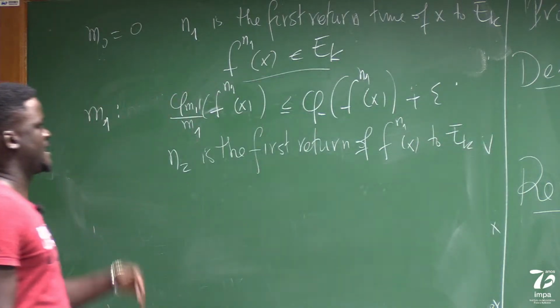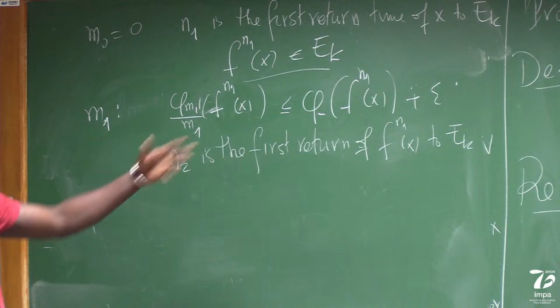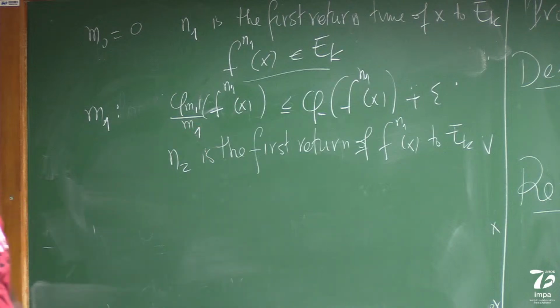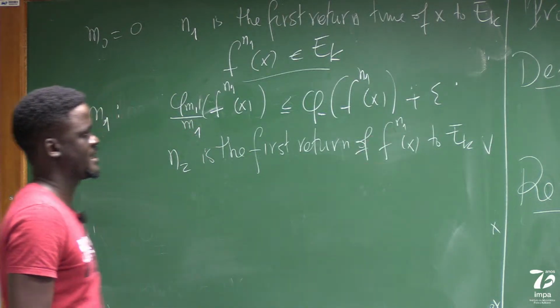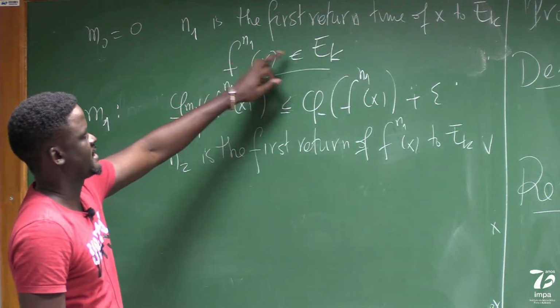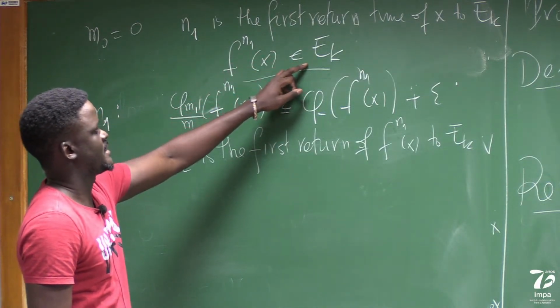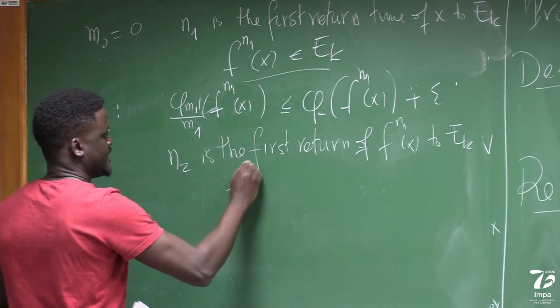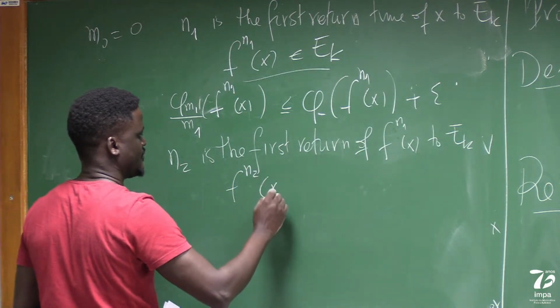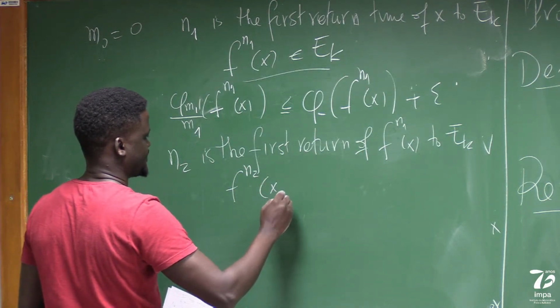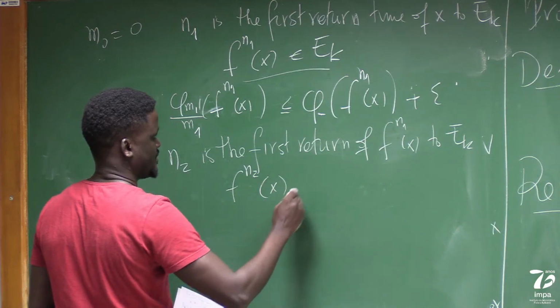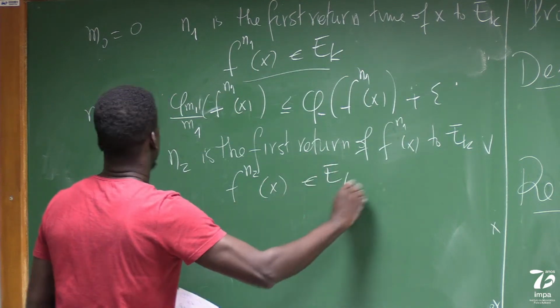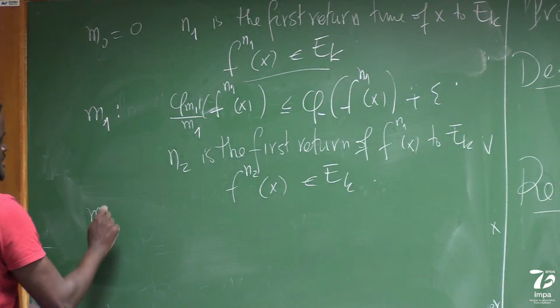Okay, I apply N1 x, so I might exit after N1, because N1 was just defined as the first return. It might not stay inside. And then F^n2 of x is in E_k, and you define M3 and so on.